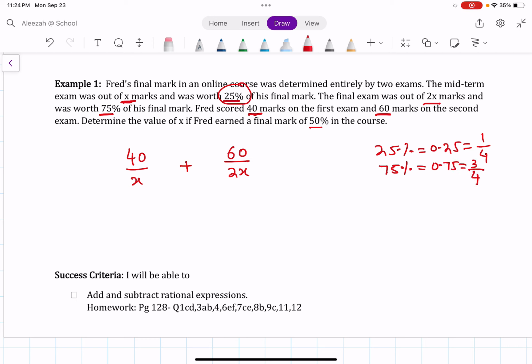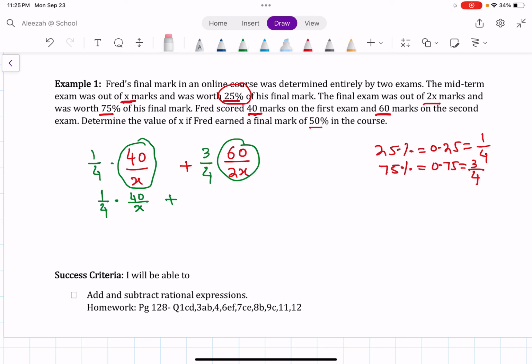Okay, so the worth of the first exam is 25%. 25% times 40/x. So I can write 1/4 times 40/x. The second exam is worth 3/4, so I multiply 1/4, and the second exam worth 75% will be 3/4.